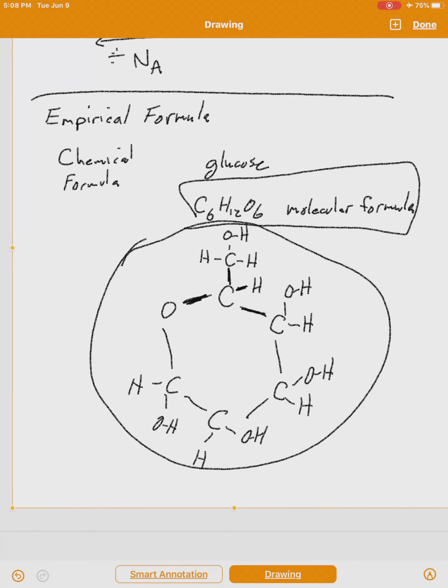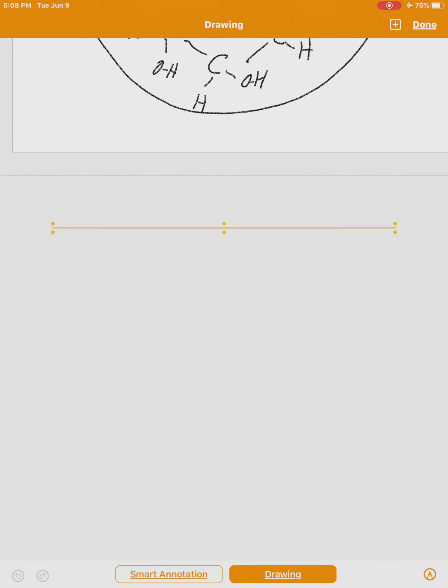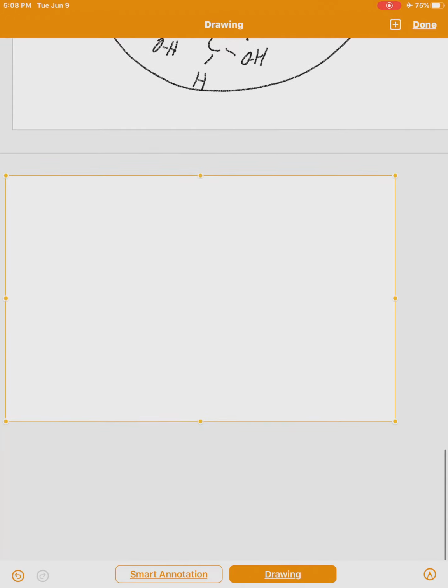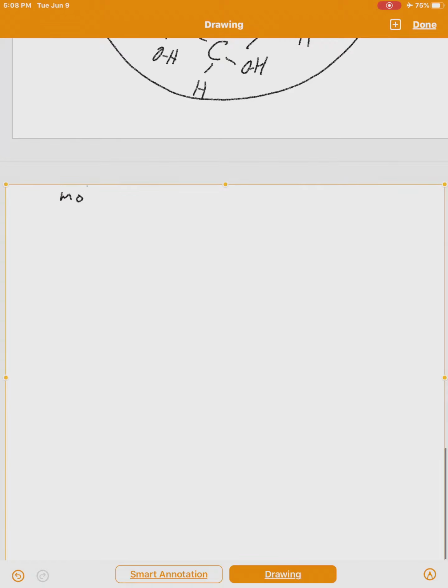One molecule of this substance has that formula. But if we distill this molecular formula even more simply, mathematically, okay, so if we have the molecular formula, which is C6H12O6, we'll note that there is a ratio of 6 carbons to 12 hydrogens to 6 oxygens. Okay?